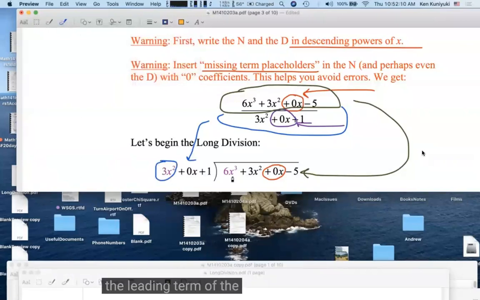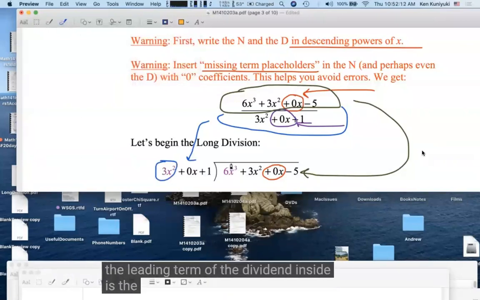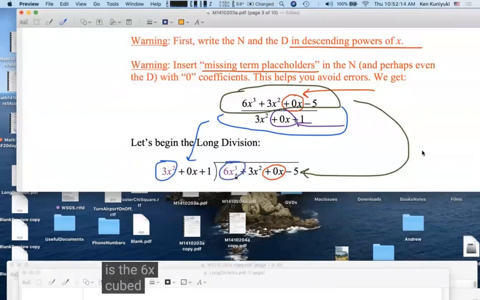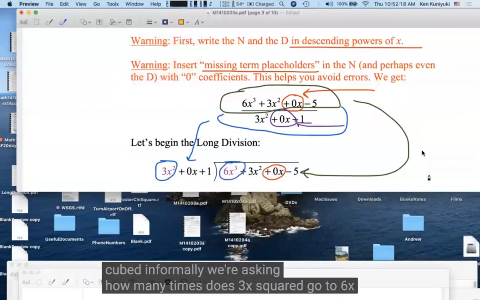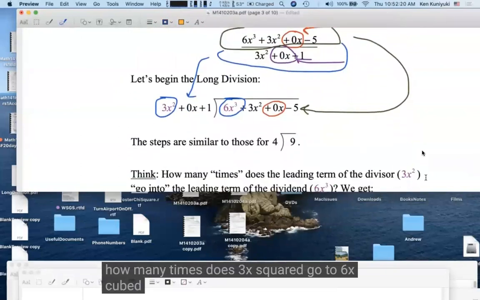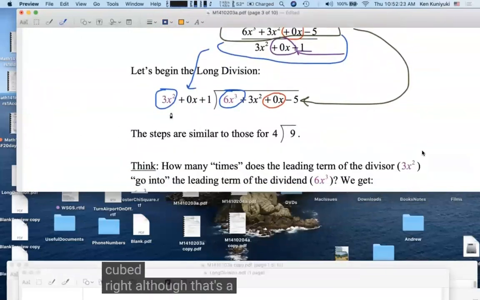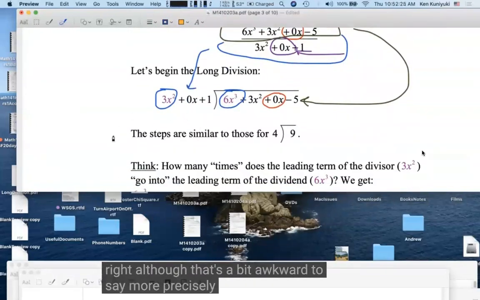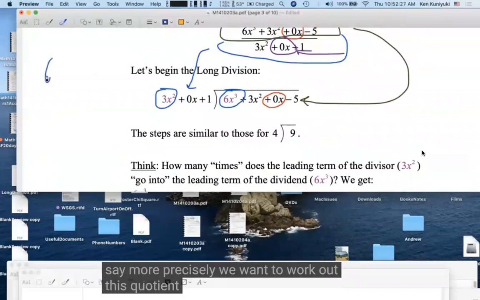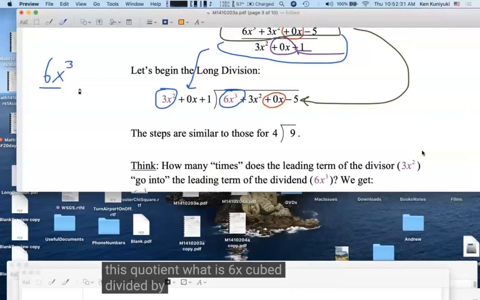The leading term of the dividend inside is the 6x cubed. Informally, we're asking, how many times does 3x squared go into 6x cubed? Although that's a bit awkward to say. More precisely, we want to work out this quotient. What is 6x cubed divided by 3x squared? What's the result?